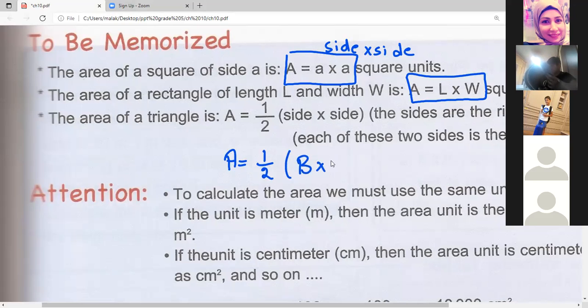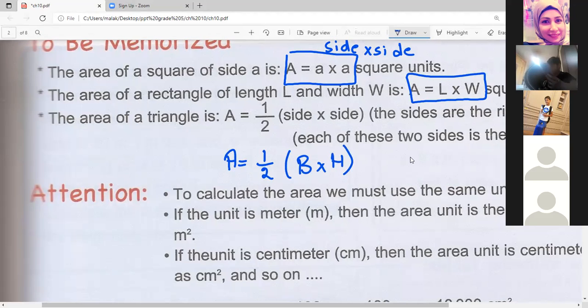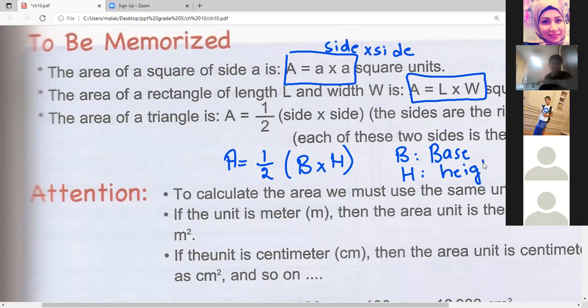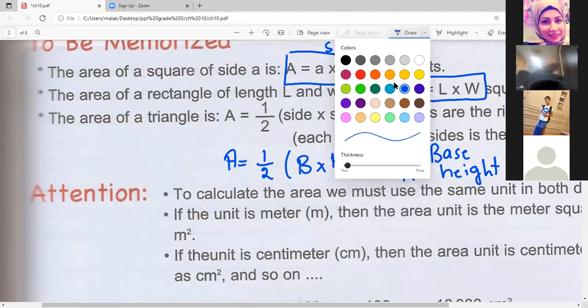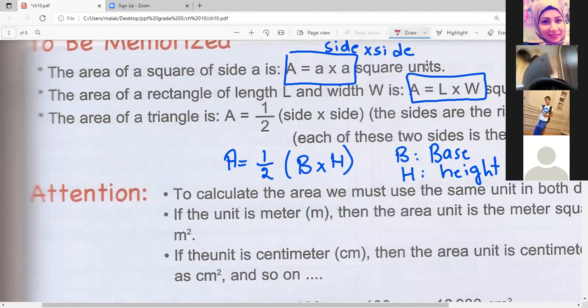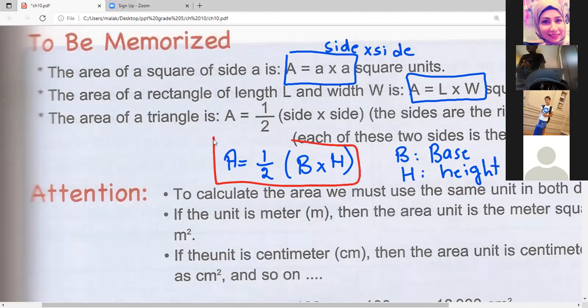The B means base and the H means height. Easy. So these three rules for study: triangle, rectangle, square.